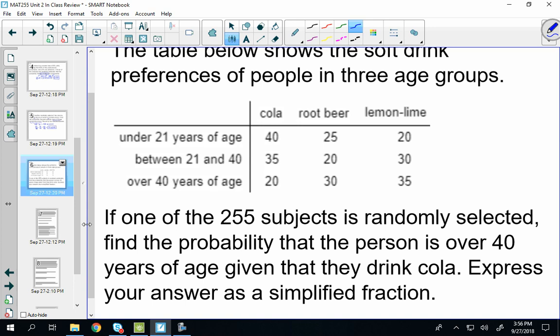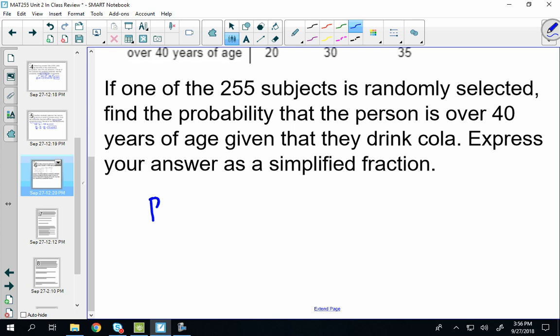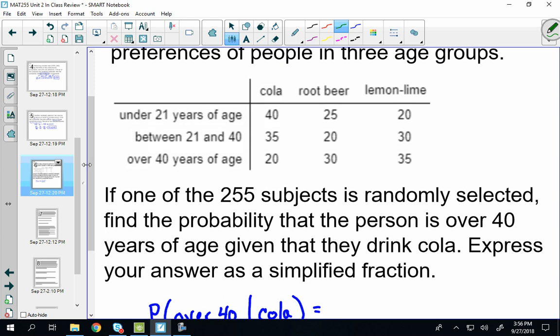Express your answer as a simplified fraction. So if we think about writing this using our probability notation, right, we want the probability that they're over 40 given that they drink cola. So that means when I look up at the table, I need to focus in on only that cola column, because that's what's given.